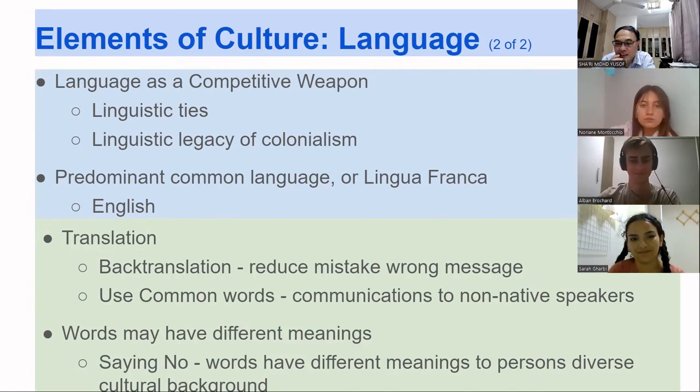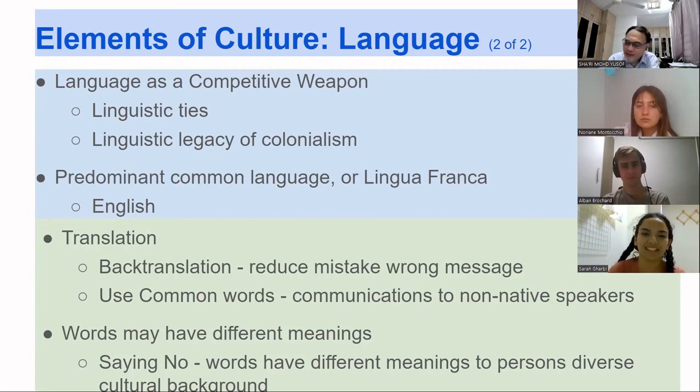There is no licking in Chinese; it's a direct translation. So to avoid that, you retranslate into the original language after you have translated, to double check whether the use of the words is correct or not.